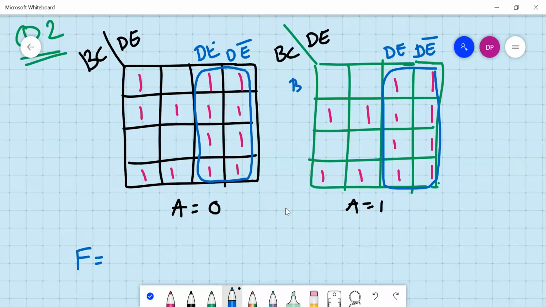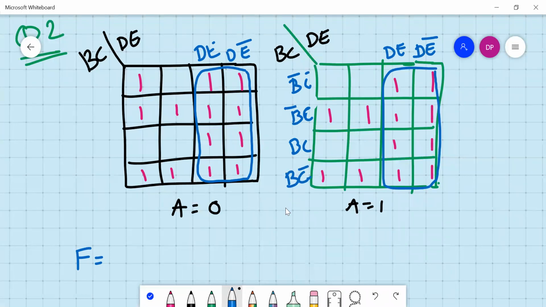And you can see this is BC complement, BC, and B complement C. Sorry, this is B complement C, BC. Last one is BC complement.